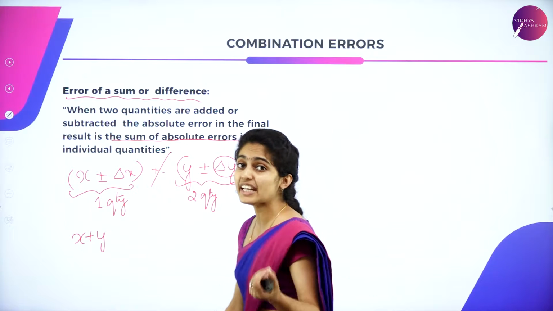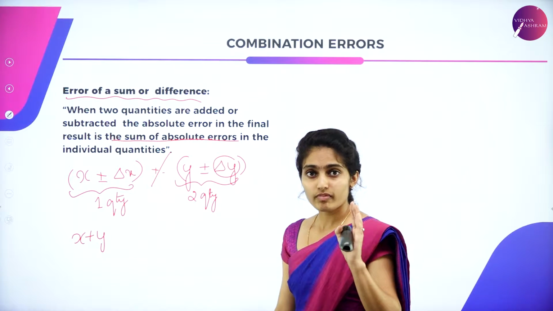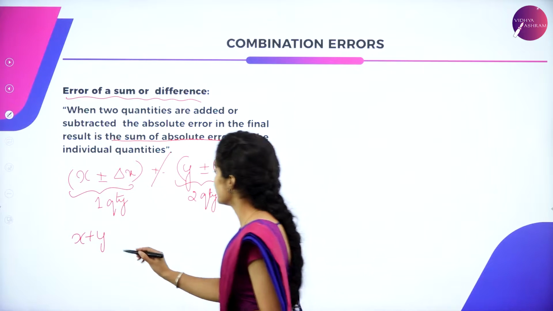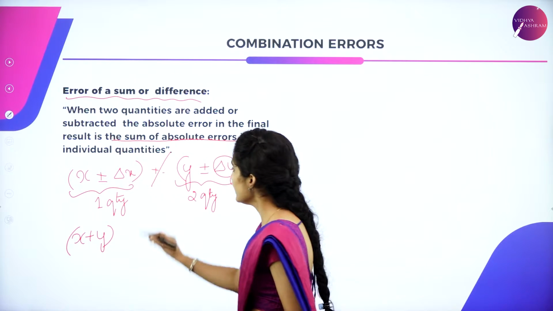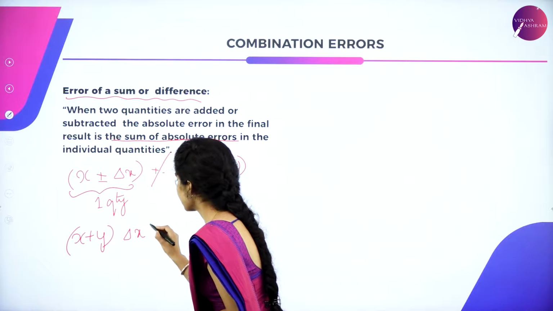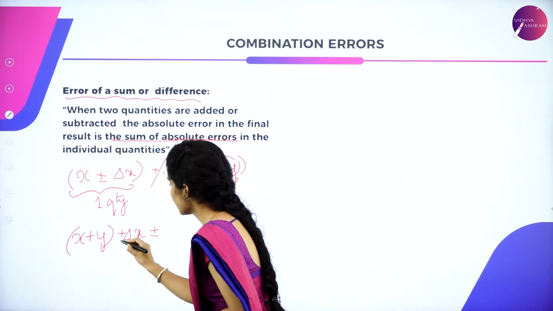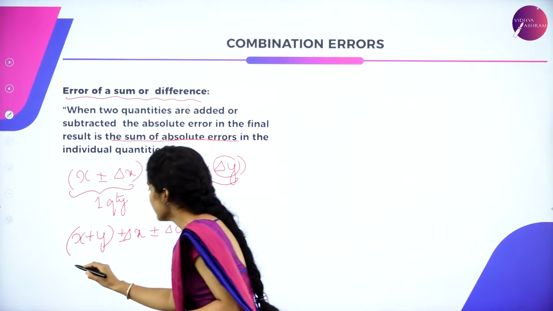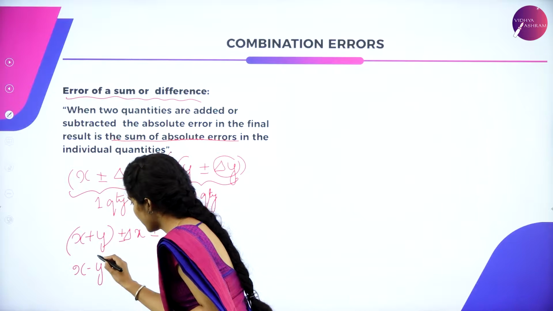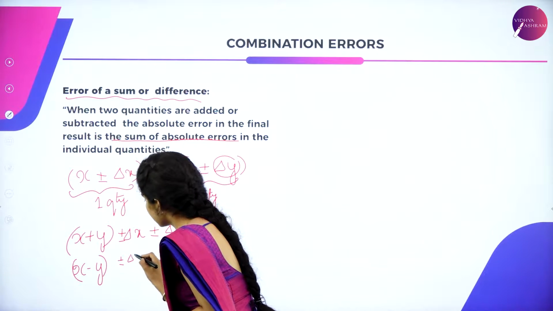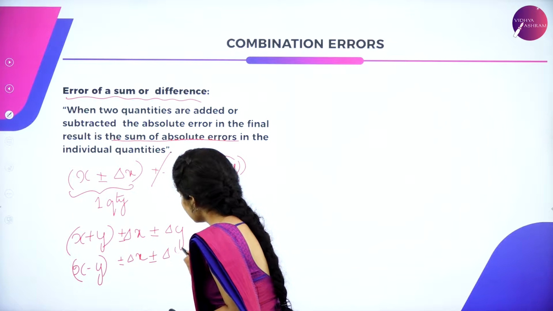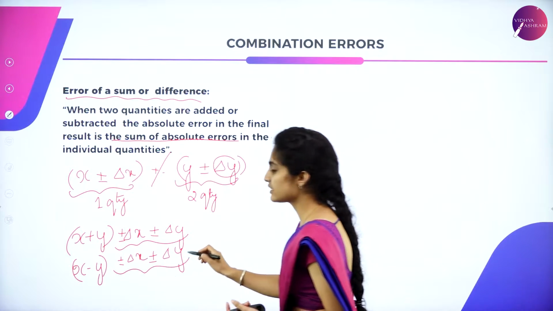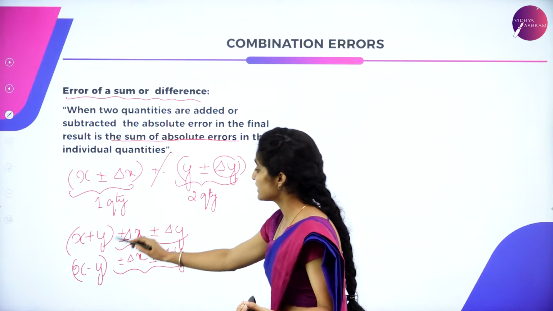In the case of addition, it is x plus y and delta x plus delta y. Similarly with subtraction, that is x minus y, plus or minus delta x plus delta y. So this is the error in the answer whatever you're getting. So it is a result.